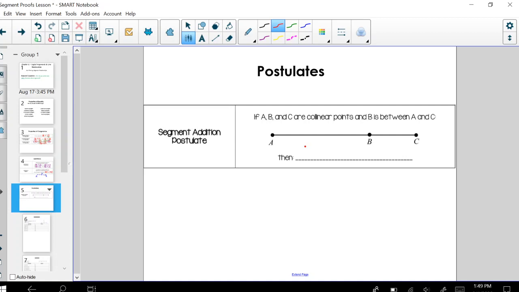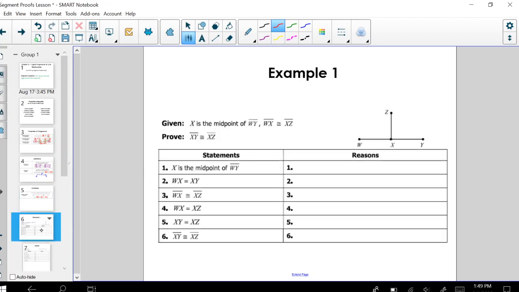So AB plus BC equals AC. Okay, so it's kind of a quick review because most of those are things that we've talked about before. We just put some more definitive notation around them. And these are going to be things, again, definitions, postulates, properties are all things that we can use in our statements when we are writing our proofs.